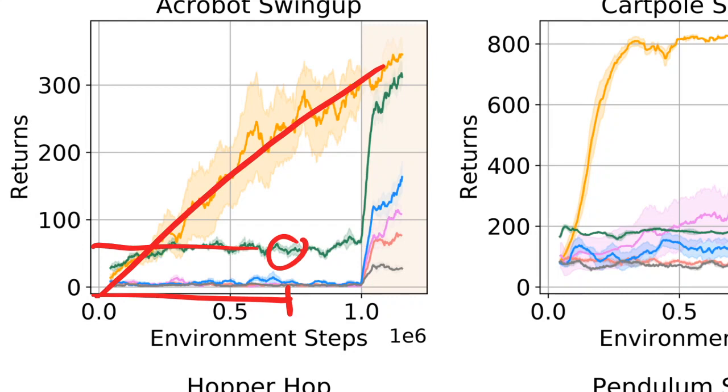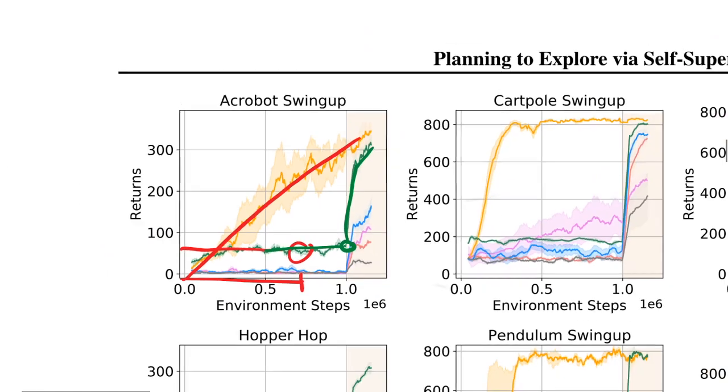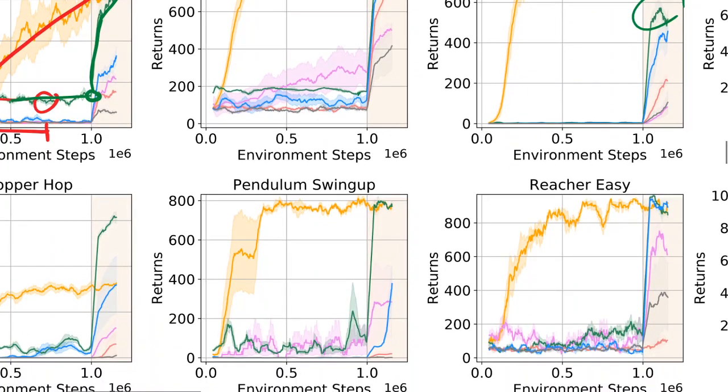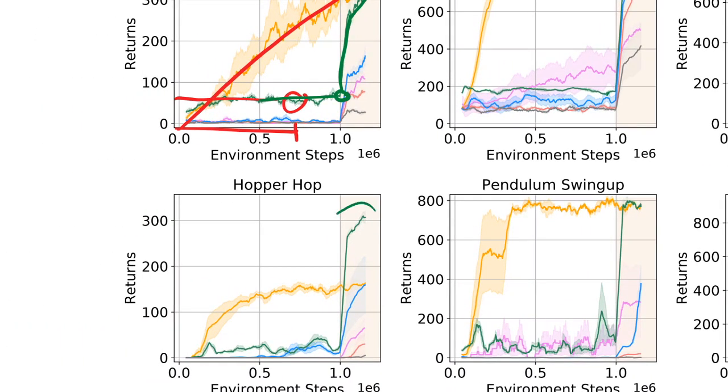So you see, as soon as you give the reward to the models, they generally shoot up, and Plan to Explore generally shoots up much harder than these others, as you can see pretty much everywhere. And again, it gets competitive, and here even outperforms the Dreamer. Why could it outperform the supervised method?